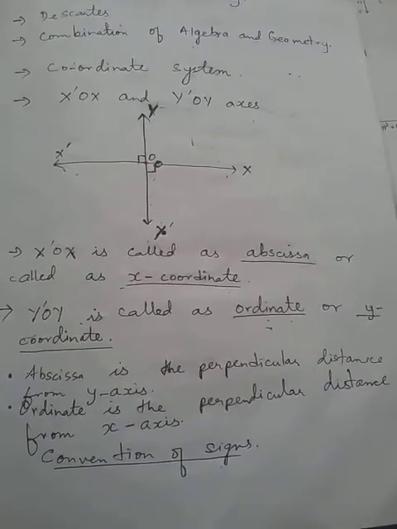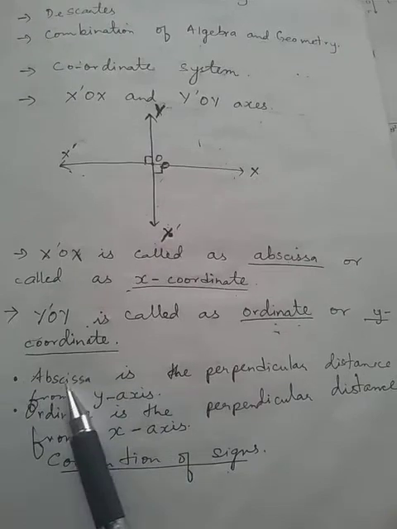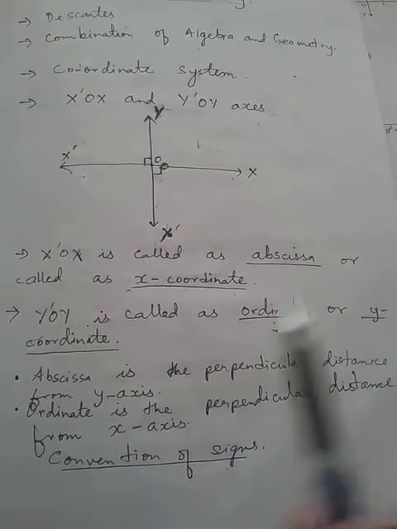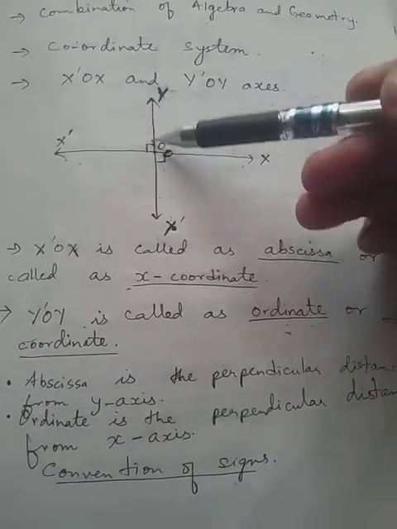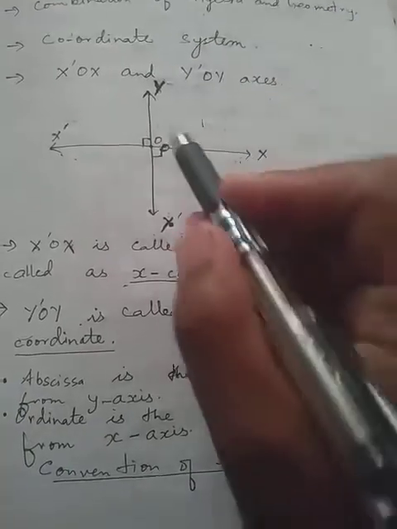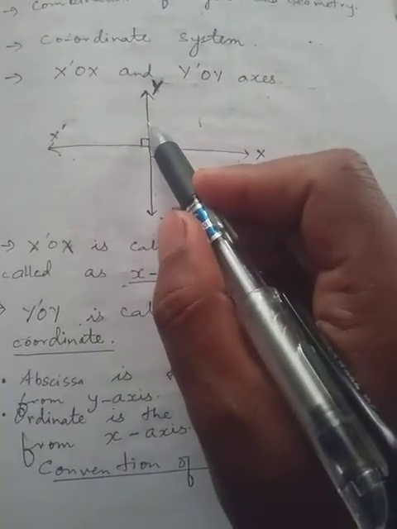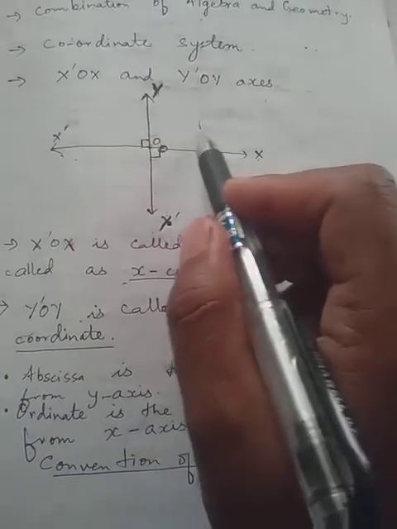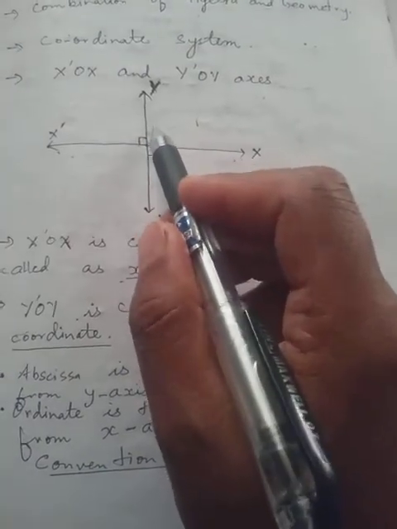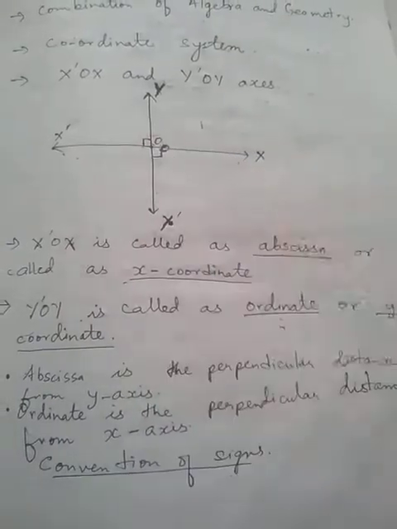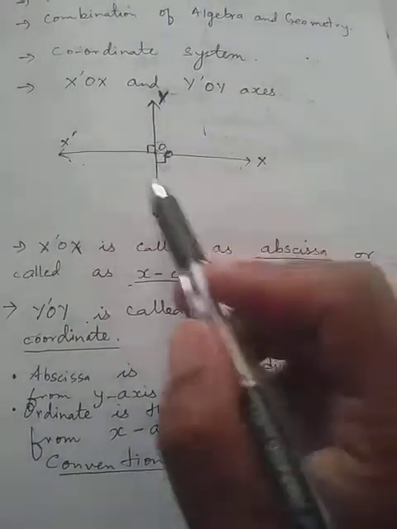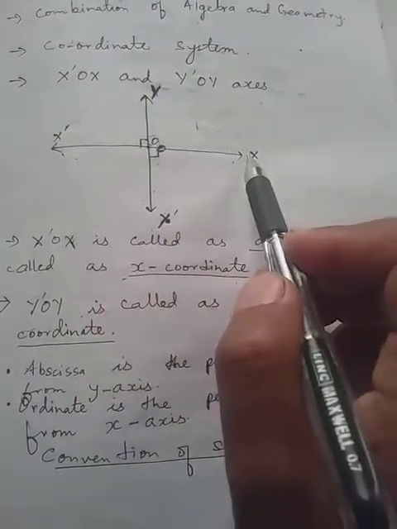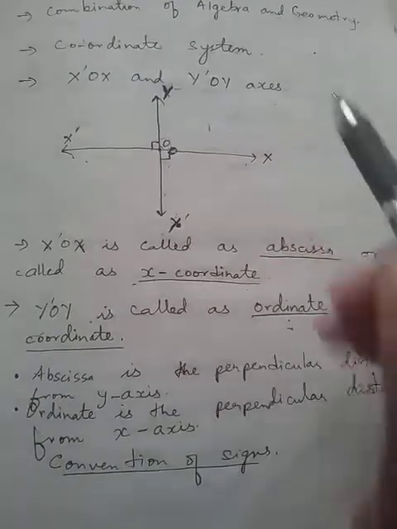Now they say that this abscissa is the perpendicular distance from the y-axis. So which is your y-axis? This is your y-axis. If we take the perpendicular distance from this y-axis, that means the distance that you draw towards this y-axis and it is perpendicular, that is called the abscissa. See, I hope you understand this point.